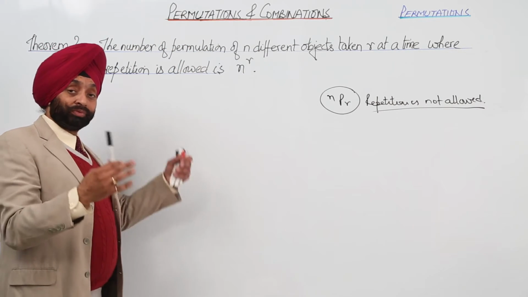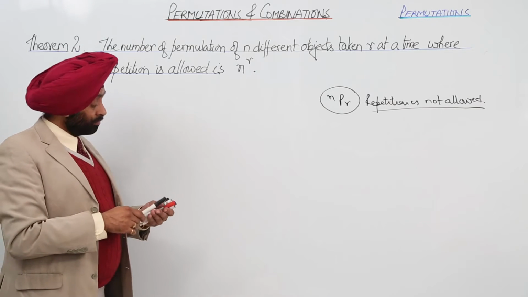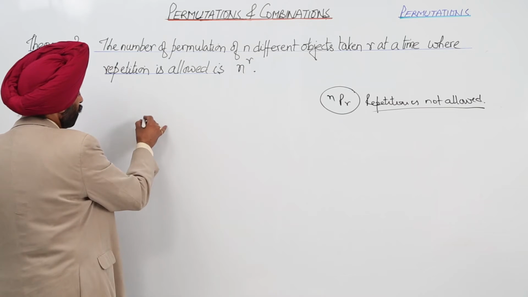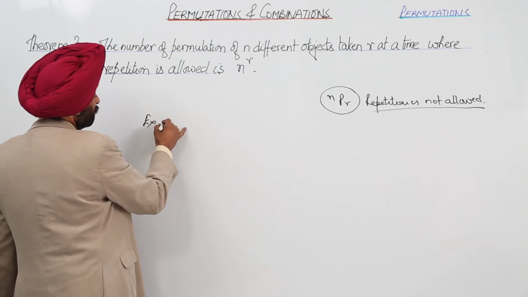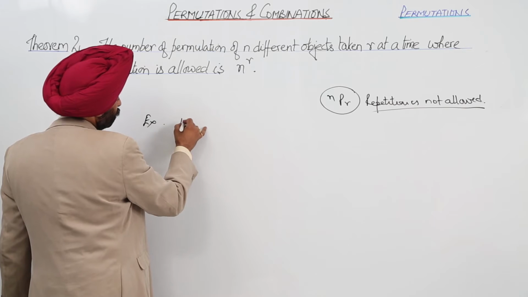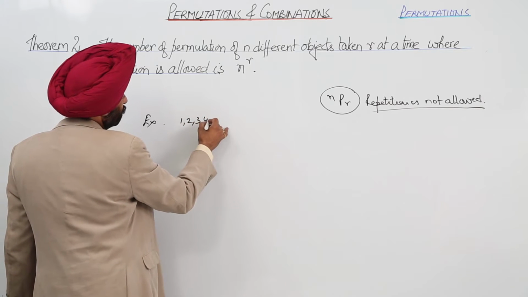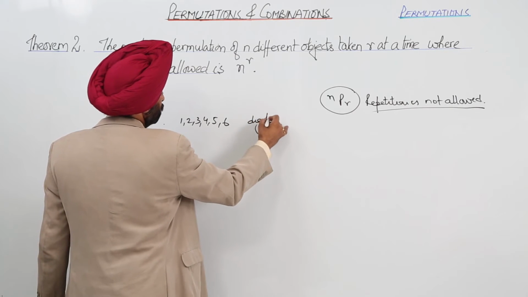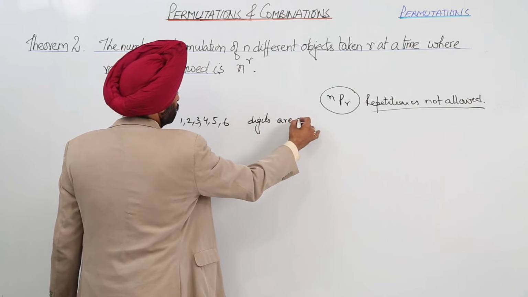Now let's move on with this theorem with an example. I gave you an example: the digits 1, 2, 3, 4, 5, 6 are given.